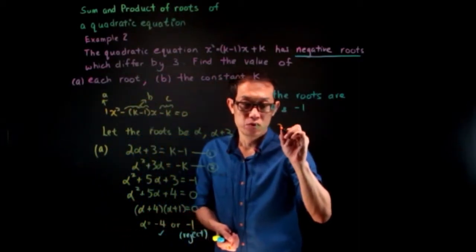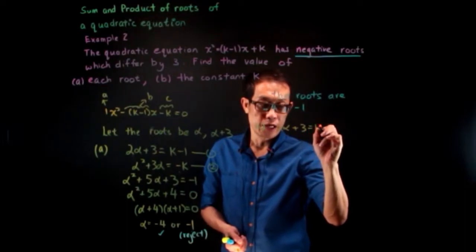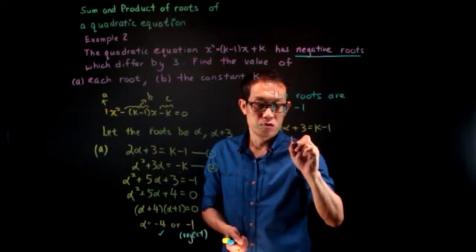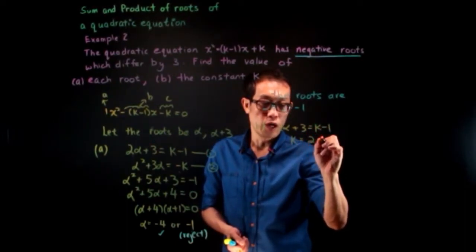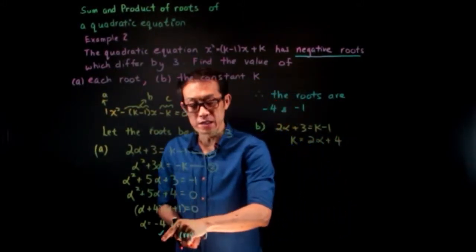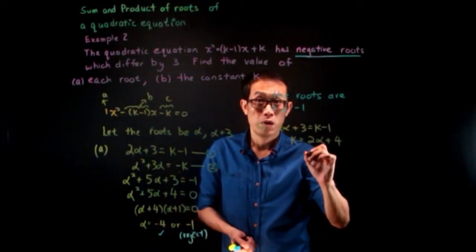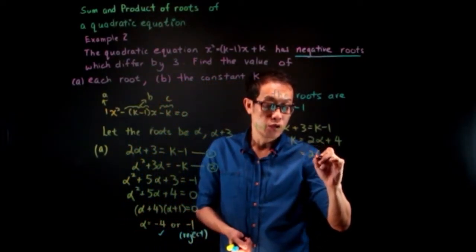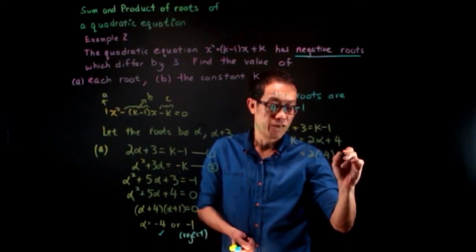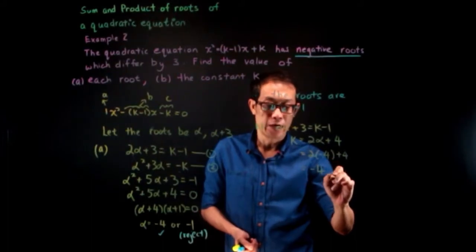So you have 2 alpha plus 3 equals k minus 1. So k will be equal to 2 alpha plus 4. Now alpha is minus 4. So you get 2 into minus 4 plus 4. So your answer is minus 4 for k.